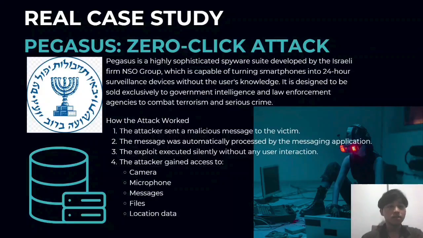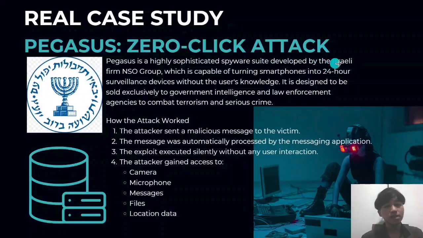I'm going to discuss a real case study about Pegasus. Pegasus is a zero-click attack that was revealed in 2013. That's Edward Snowden, the former CIA tech guy, who was whistleblowing about the software.